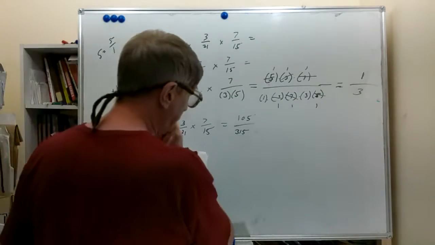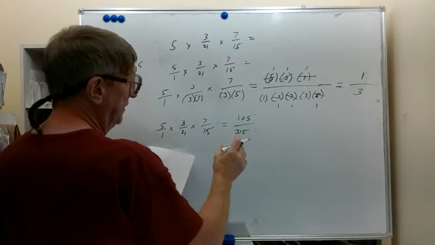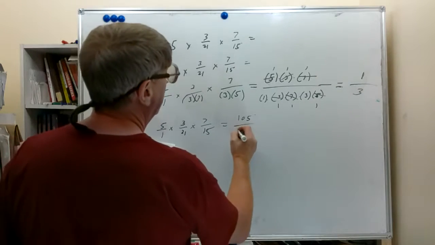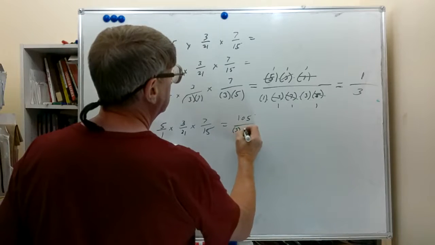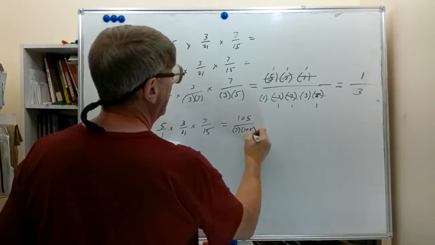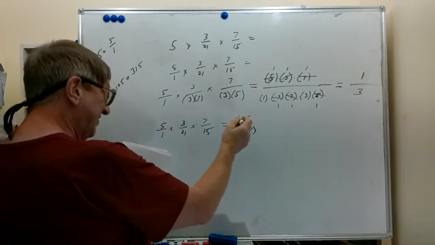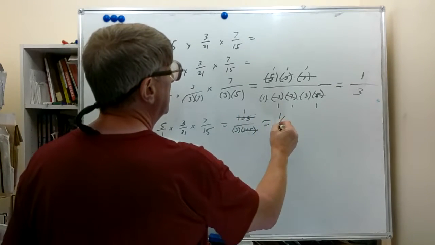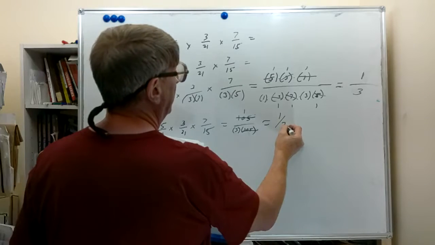So if we rewrite this 315 factored as 3 times 105, and then we cancel these like factors of 105, we get back to 1 over 3.